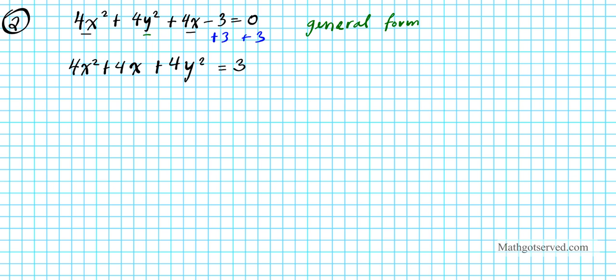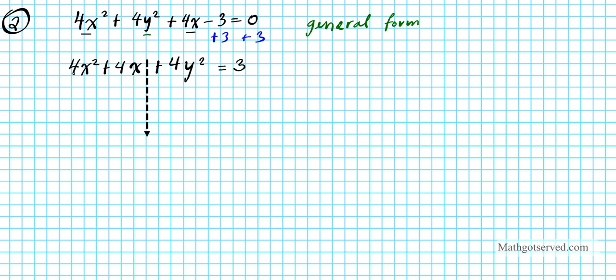Now, what we're going to do is partition our variables into the respective worlds. So we have the x world and we have the y world. All right? So before we complete the square, we need to make sure we have the squares standing alone. We don't need to have coefficients in front of them. Okay, so this 4 needs to be factored out, and this 4 also needs to be factored out.